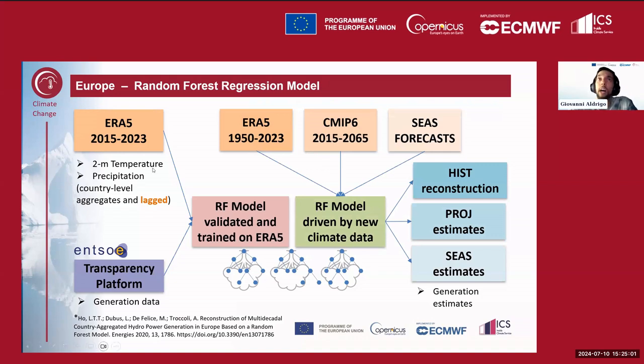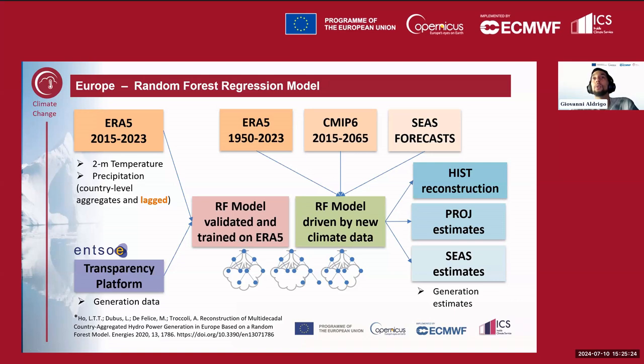So again, the ERA5, but with the full time span, going from 1950 to 2023, as Nube said earlier, but also CMIP6 projection models, spanning from 2015 to 2065 at the moment, but they'll go up to 2100 later in the contract.